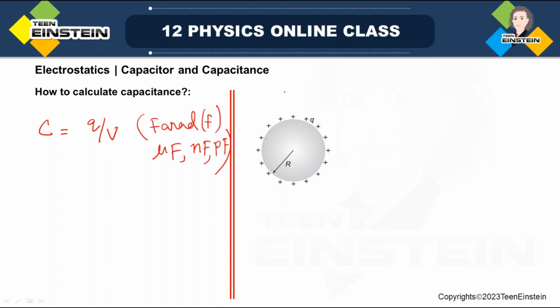Now suppose I have the capacitance of a spherical conductor. First of all, suppose it was initially uncharged, with no charge on it.